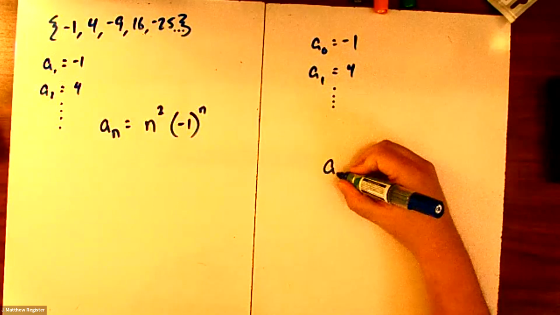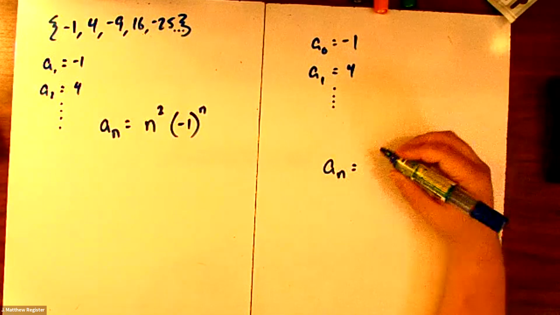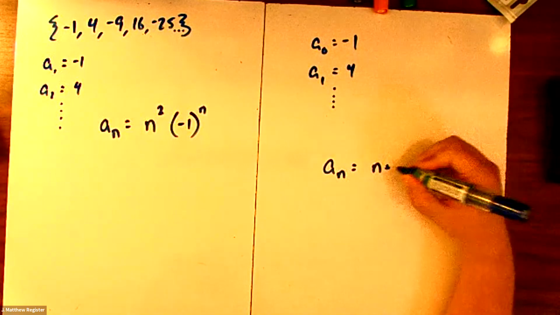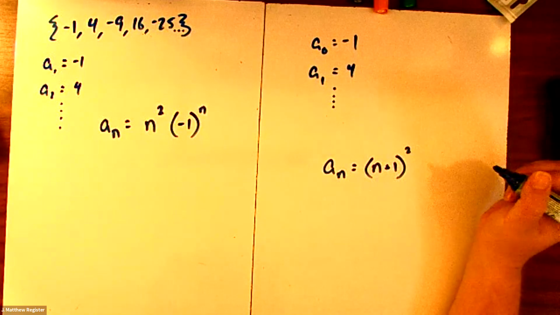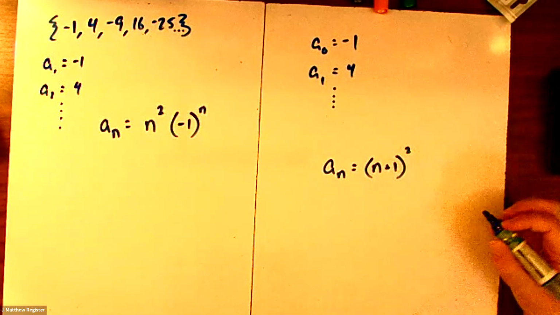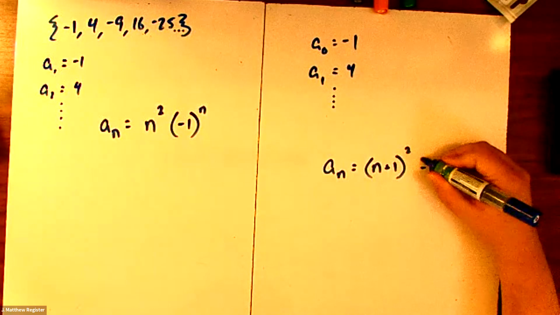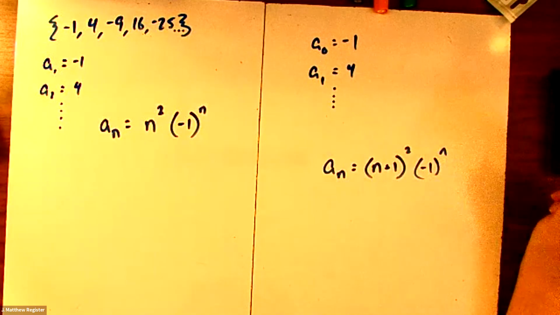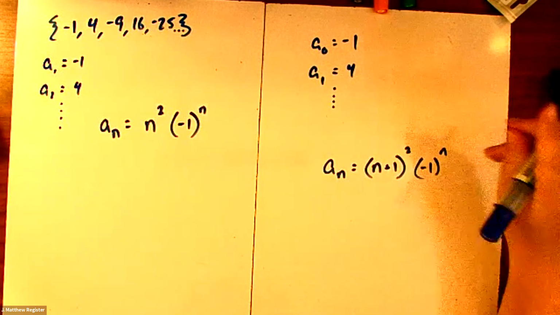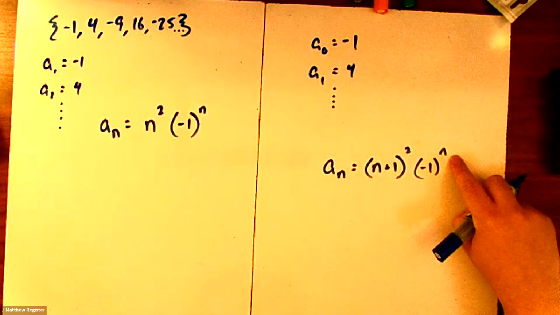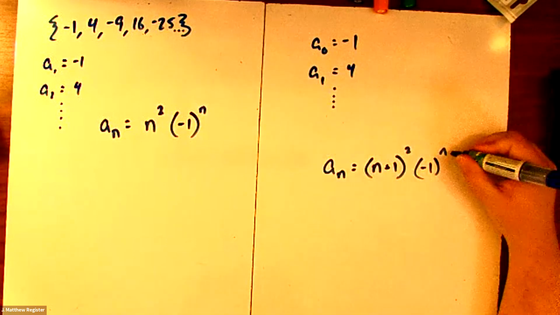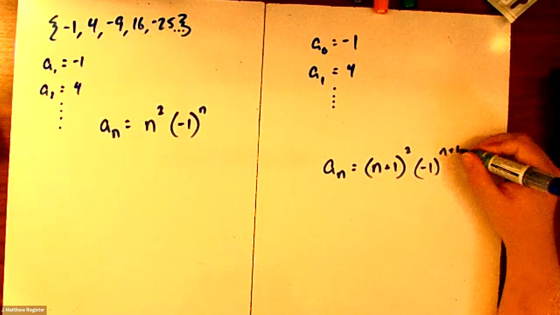And so for a sub n, it's going to be equal to whatever the n value is plus 1 squared. And then to figure out the sign, well, -1 to the n would make it so that at 0, we would be getting a positive. And so we would need to adjust that just by adding 1 up here as well.